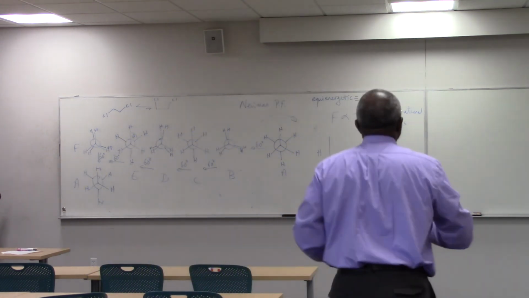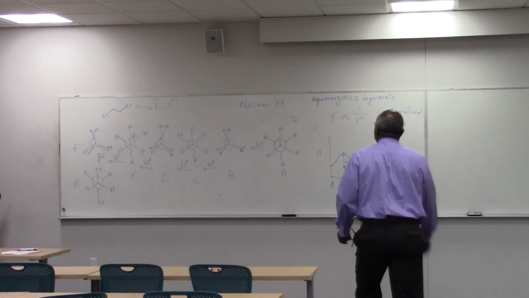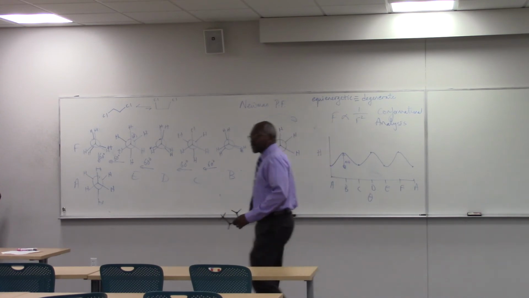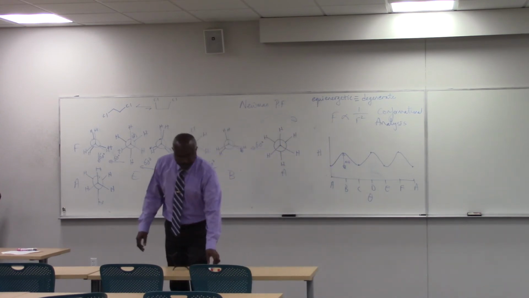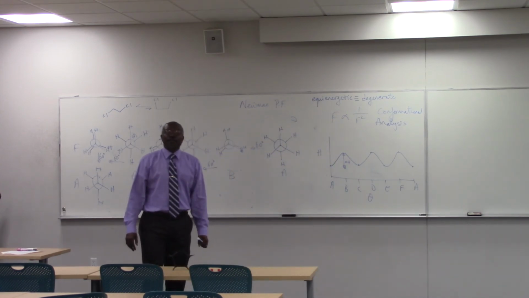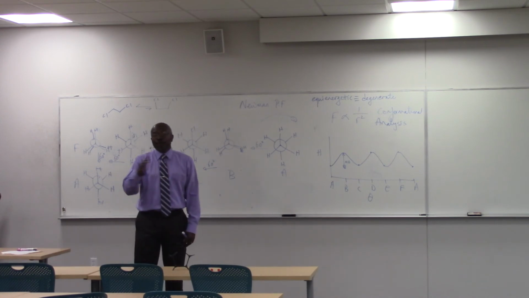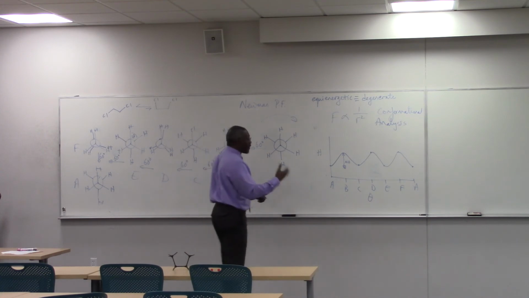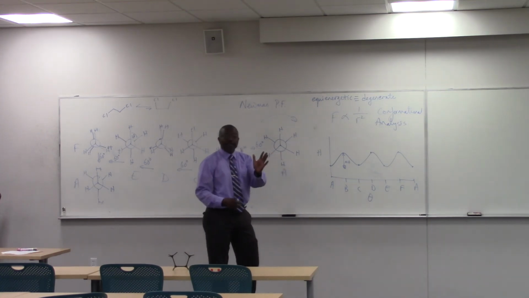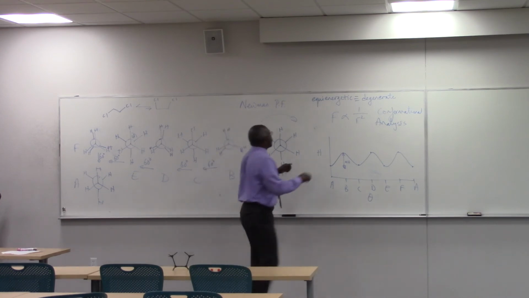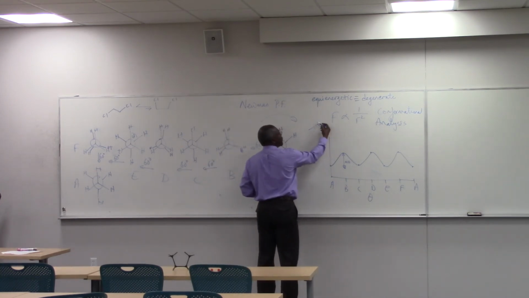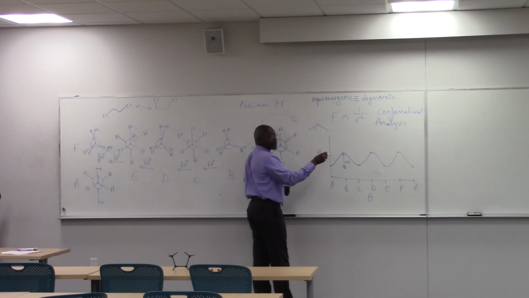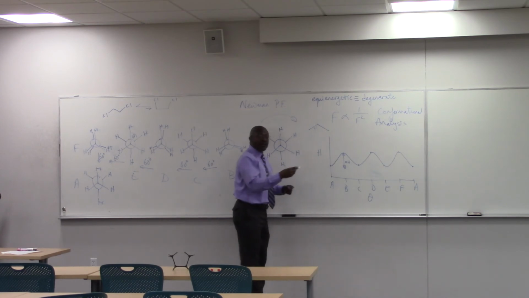So when we're dealing with something having 4 carbons or more, you're going to have to ask the question, which bond am I looking along? Because the C1, C2 bond is very different from the C2, C3 bond. Now in propane, it doesn't matter, right? In propane, looking along this bond and that bond are exactly the same. But in butane, you're going to have differences.